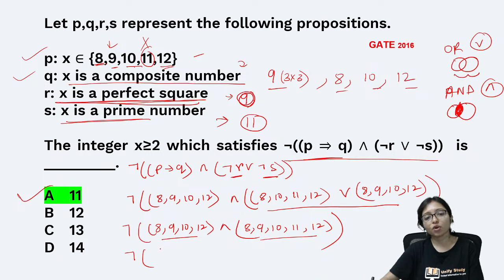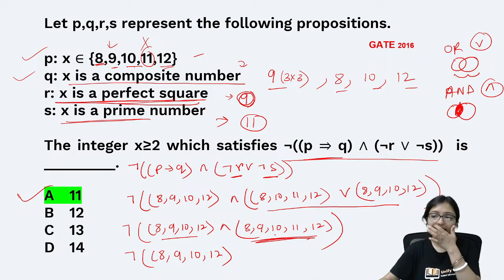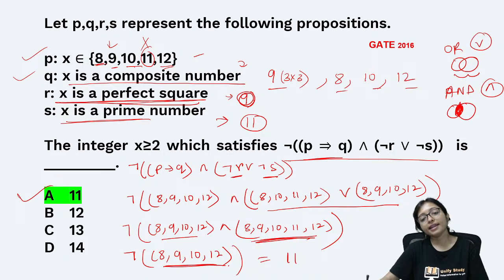So what is my common part here? 8 is common, 9 common, 10 common and 12 common between them. Now I have to do negation. So negation means what? Not 8, 9, 10, 12. The only one left is 11. That's why the answer will be 11 here.